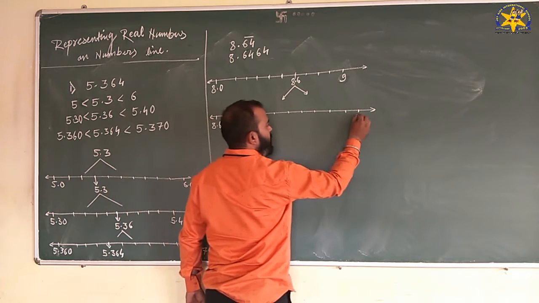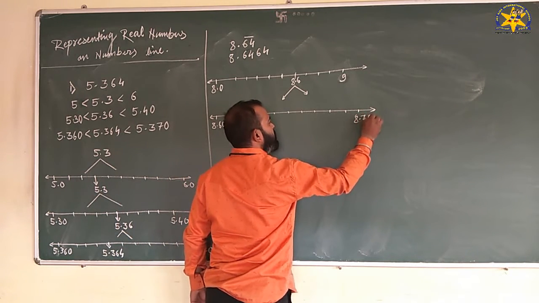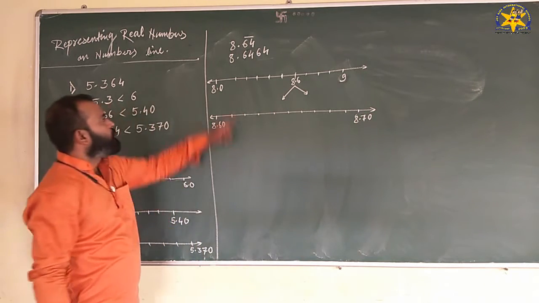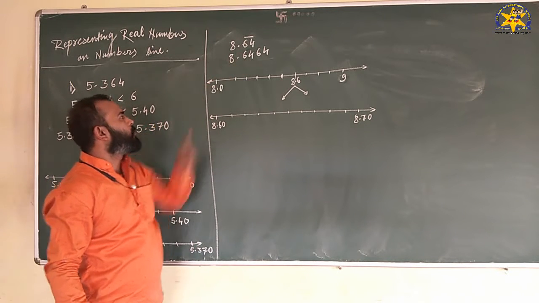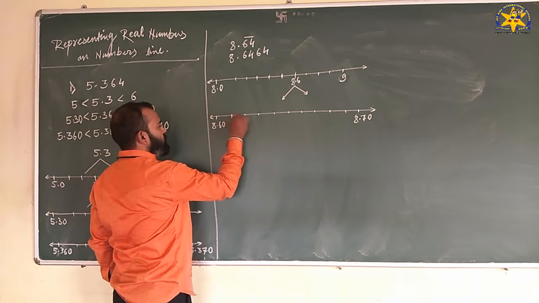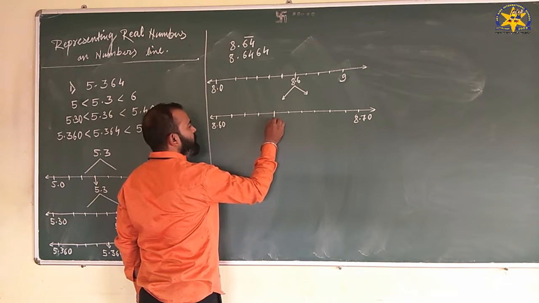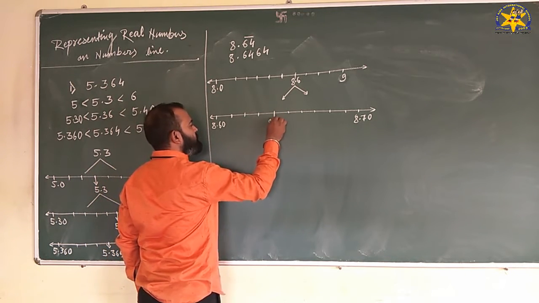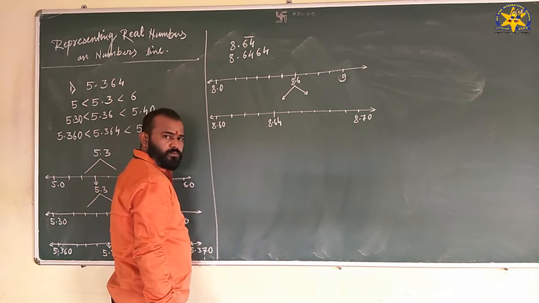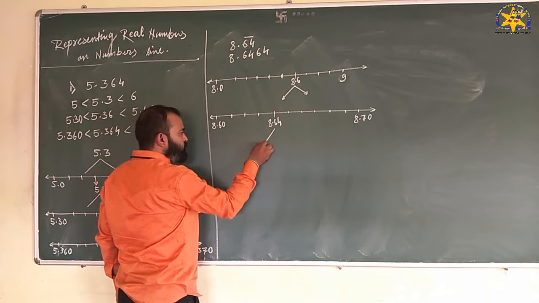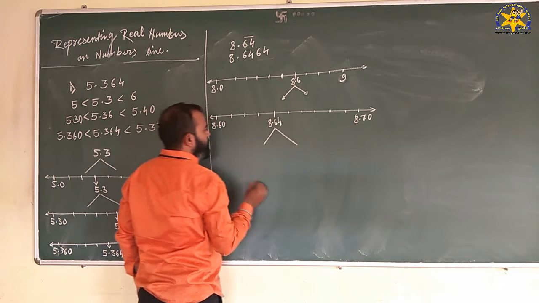Here will be 8.70. We want 64: 61, 2, 3, 4. So here will be 8.64. Okay. Again zooming, magnifying this.